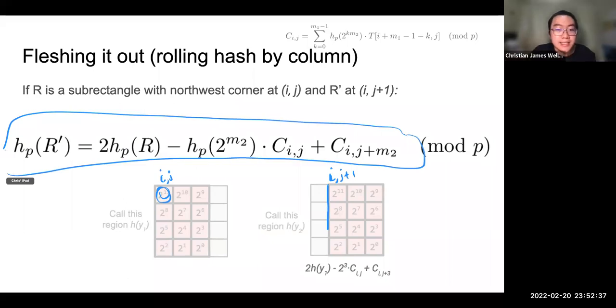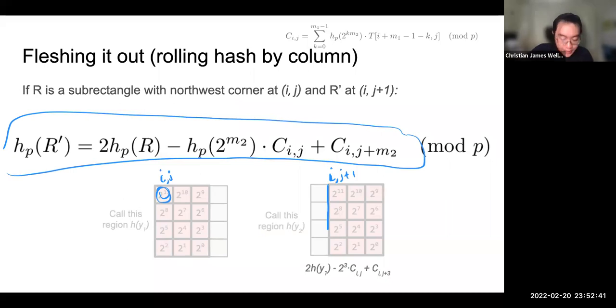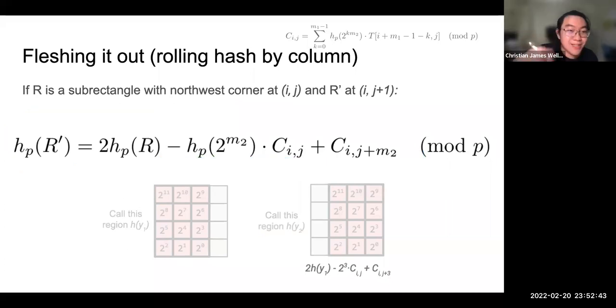This is the same thing as before, just a scarier, more generalized way to write it, where we put the M2 over here. Really it's the same thing as I explained just now, just in generalized form. You can pause and try to verify that this is really the case.